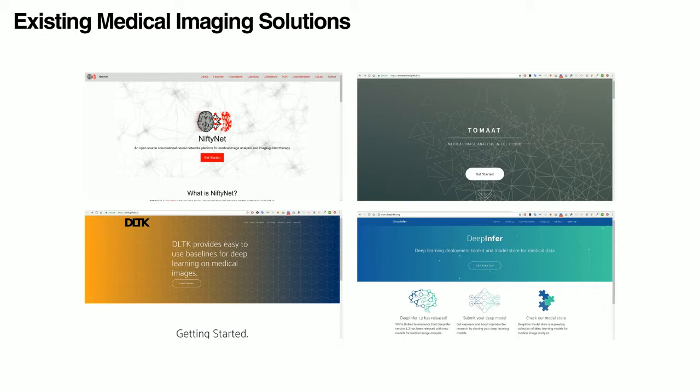These also host their own model zoos. Two other relatively new resources are TOMAT and DeepInfer. TOMAT is used for volumetric segmentations, and DeepInfer is for image-guided therapy. Both provide 3D Slicer modules that allow you to interact with them.